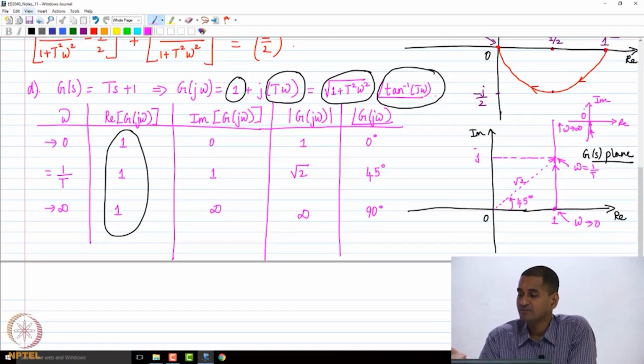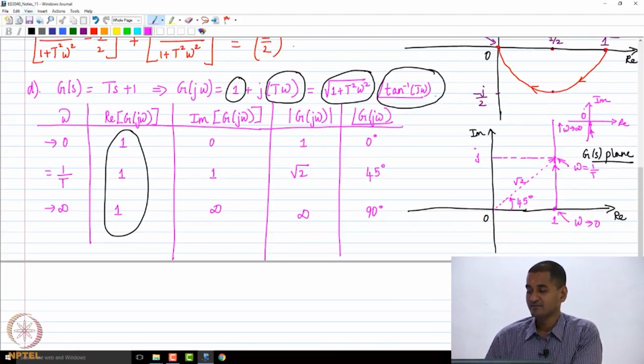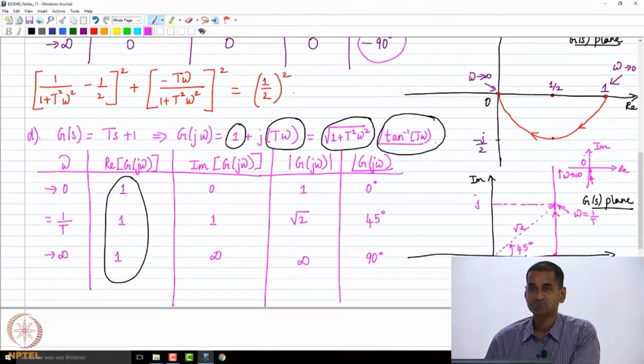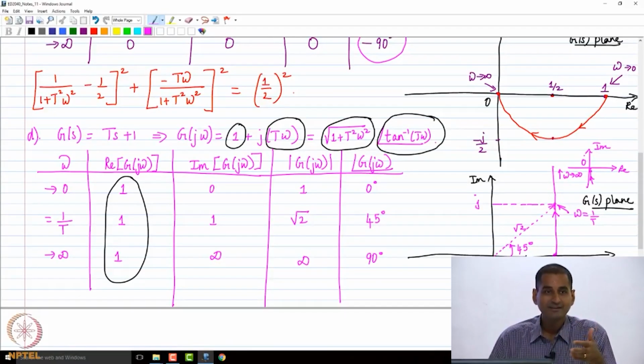Now you look at the Nyquist plot of the factor 1 by Ts plus 1 and Ts plus 1. Can you draw some conclusions like what we did in the Bode plot? No. One is a semicircle, another is a straight line. So now you understand why drawing a Nyquist plot is a different ball game, and sometimes it is a bit of a challenge.